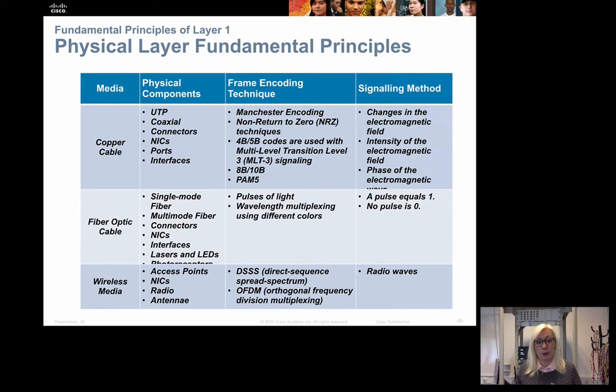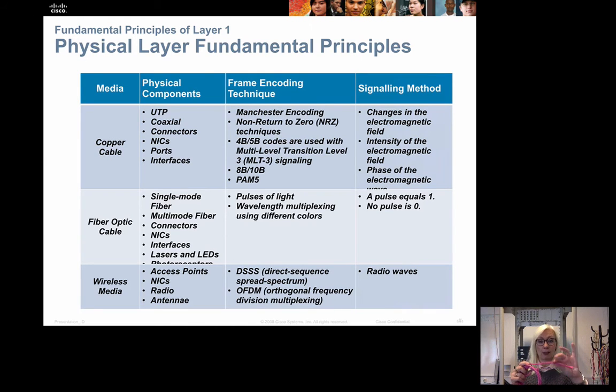We need also to think about whether it is synchronous or asynchronous, depending on whether we have a clock signal on the cable. And in normal LAN technologies, we don't have a clock. So we need to send something out telling the receiver that now a data packet is coming.